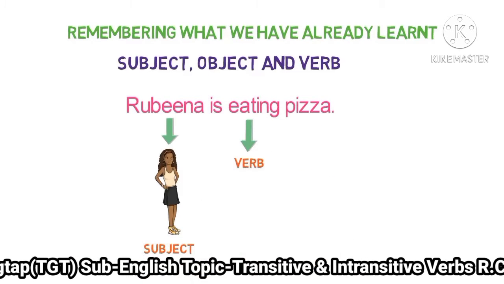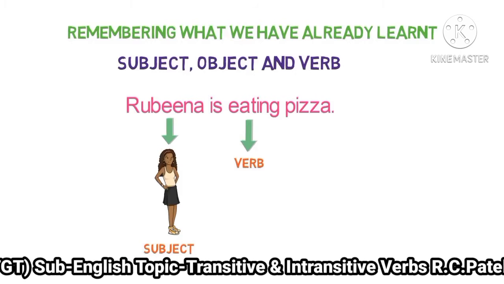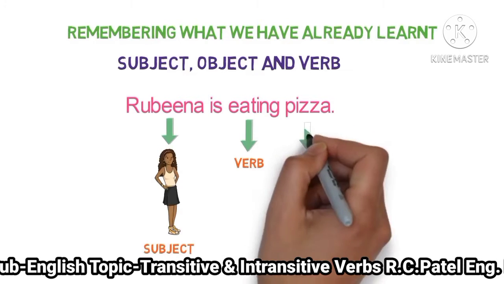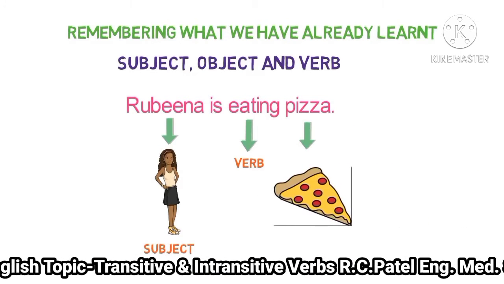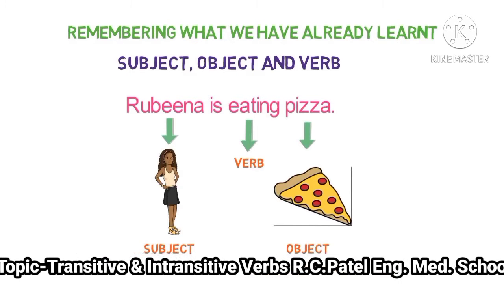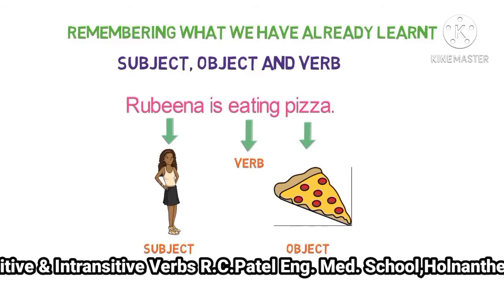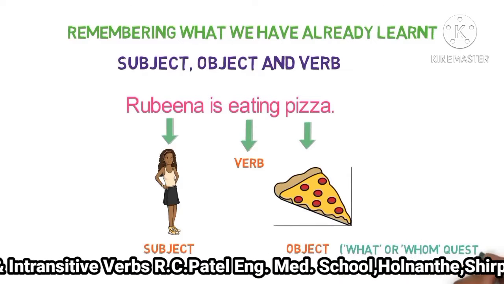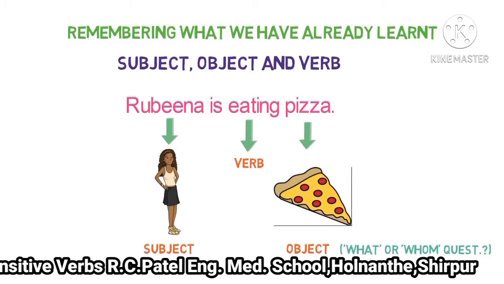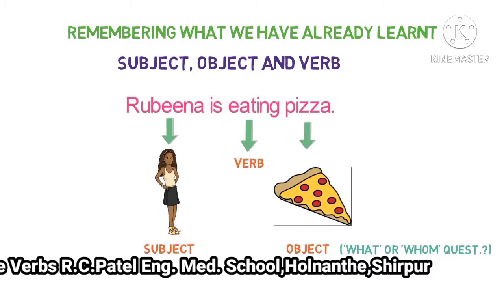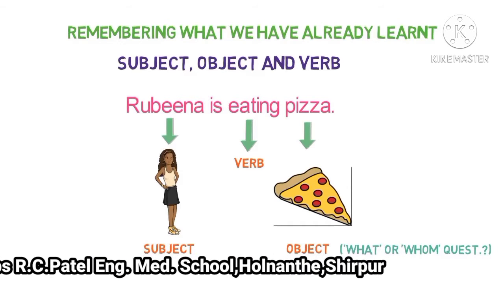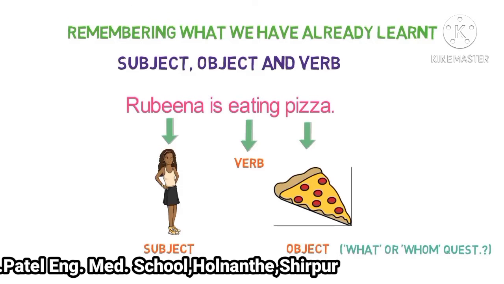Eating is an action word, that is verb, and pizza is receiving an action, so it is an object. It is very important to understand transitive and intransitive verb. We should know subject, object and verb. We can get an object by asking what or whom questions.